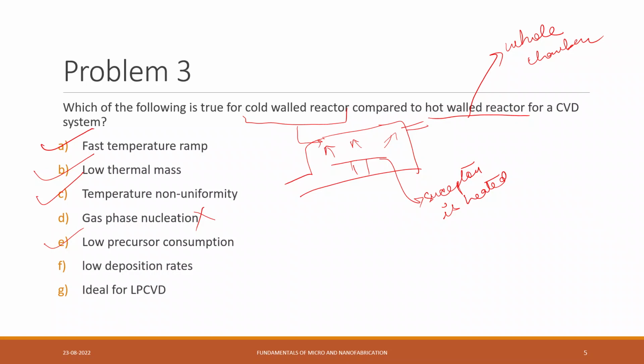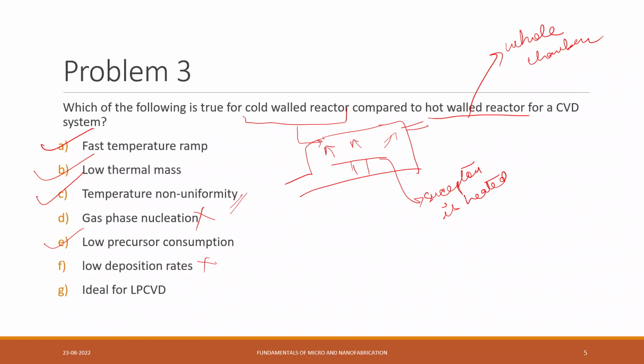The next is low deposition rates. Deposition rates here are comparatively high because it is very confined, for the same reason. So this is not correct and not ideal for LPCVD. Here we see the option temperature non-uniformity.